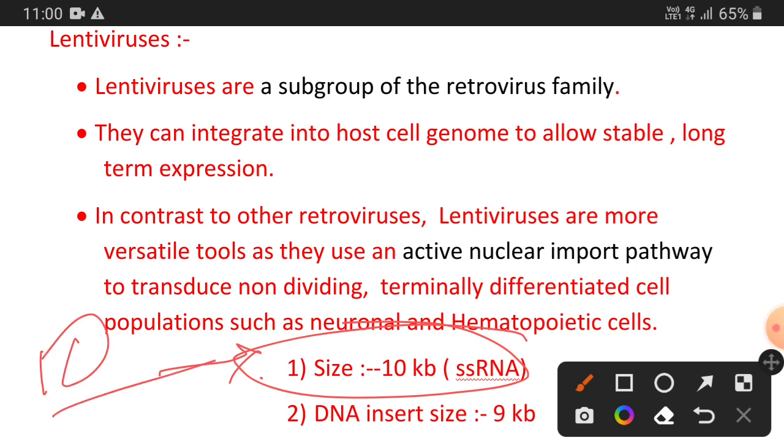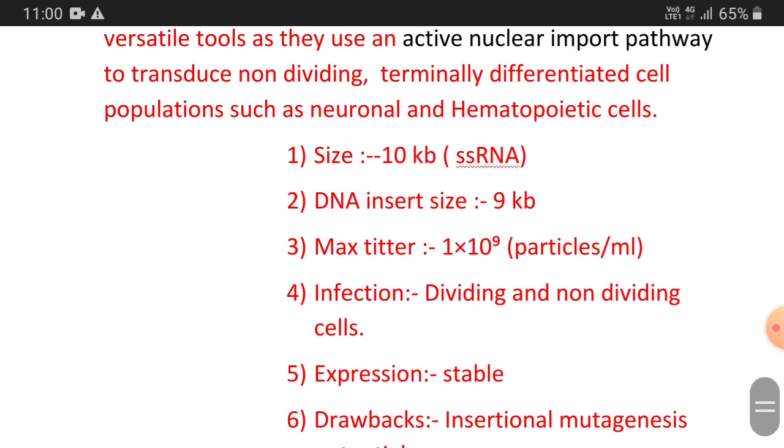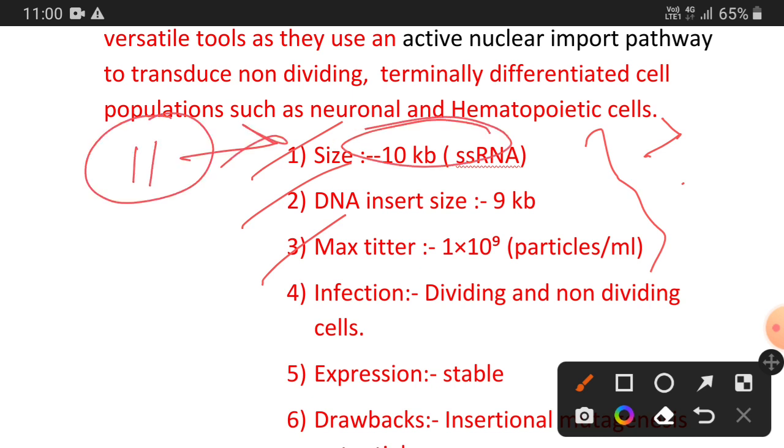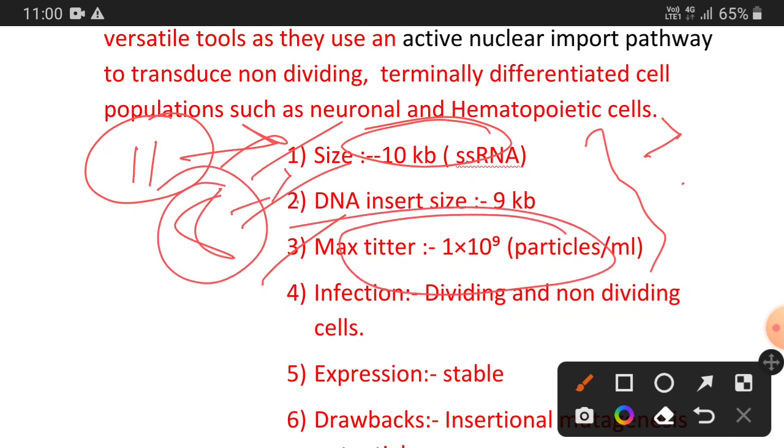The genome size is 10 kb, DNA insert size 9 kb, maximum titer 1 into 10 to the power 9 particles per milliliter. These parts are more or less the same as we discussed for retrovirus, because in retrovirus we discussed 11 kb size, here 10, and the DNA insert size is 8 kb in retrovirus, here 9, and the maximum titer is the same in both cases.